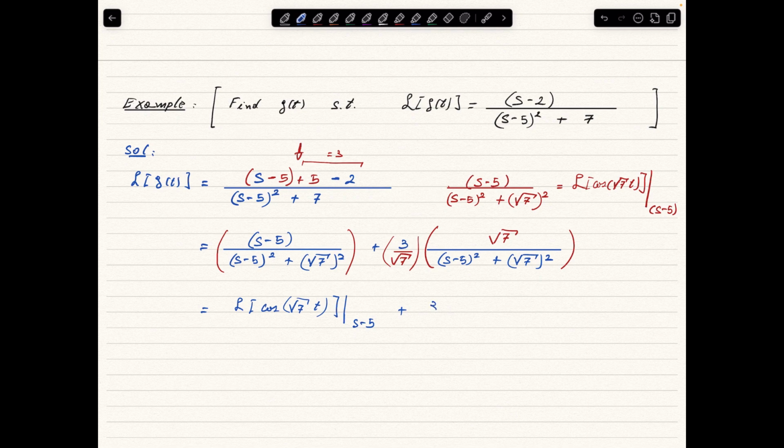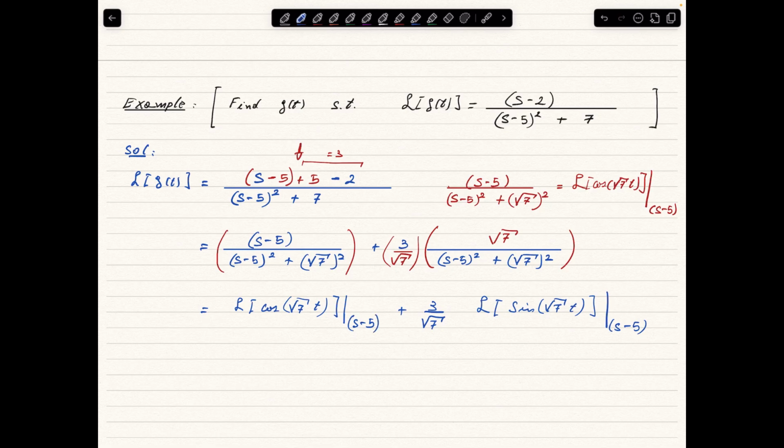And then we have 3 over square root of 7, and then the Laplace transform of the sine of square root of 7 times t. And all that is shifted to s minus 5.